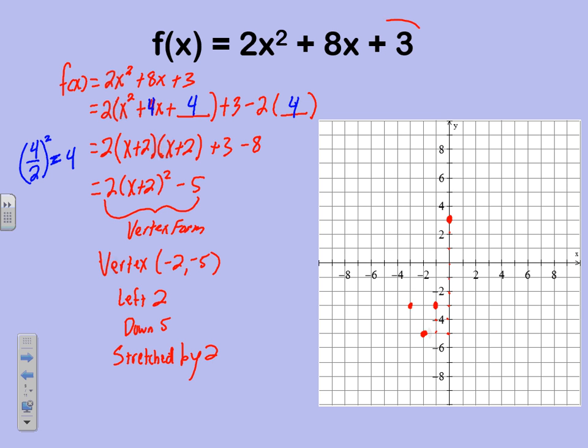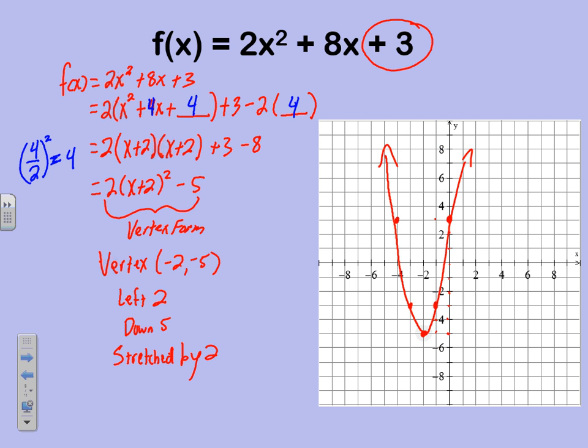And look, we hit the positive 3, which is what the y-intercept of the standard form tells us it should be. So from here, I can just use my line of symmetry and say we will go 1, 2, another point should be right there. And so we have plenty of points to go ahead and draw in our parabola. And there is our final graphed function.